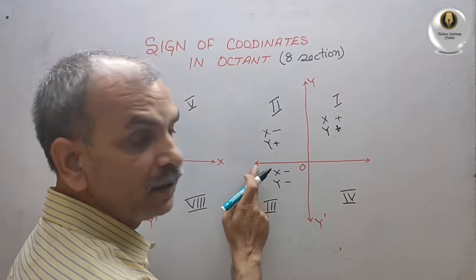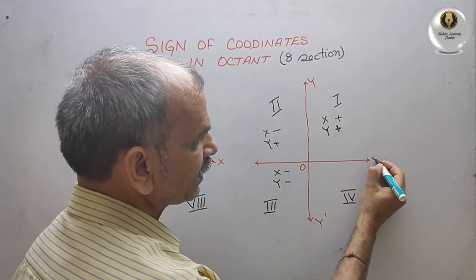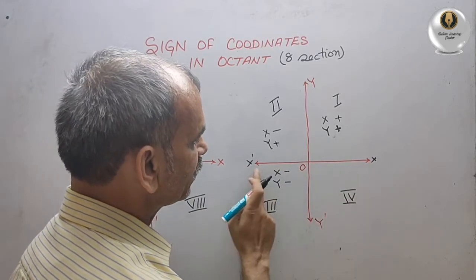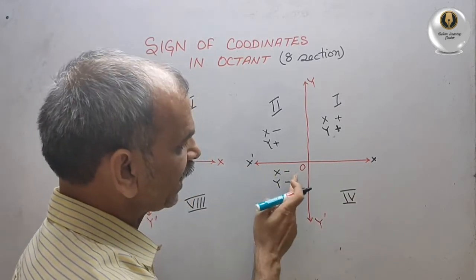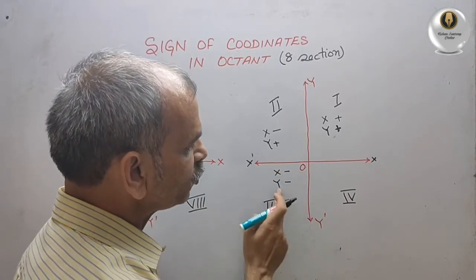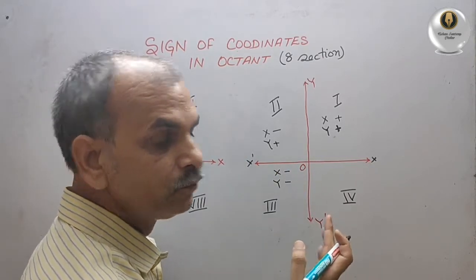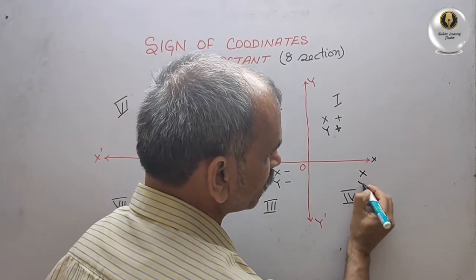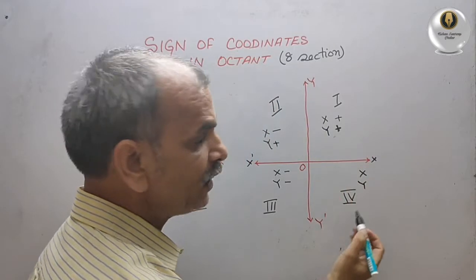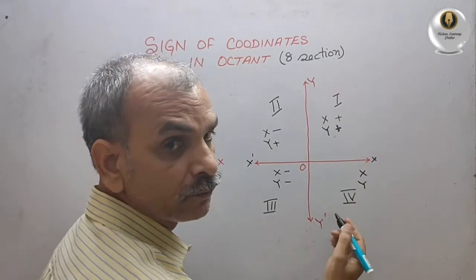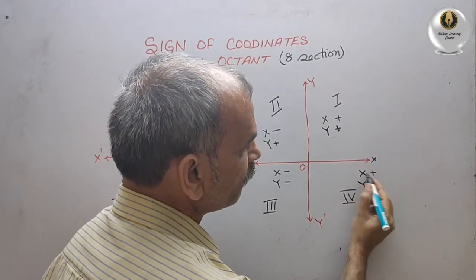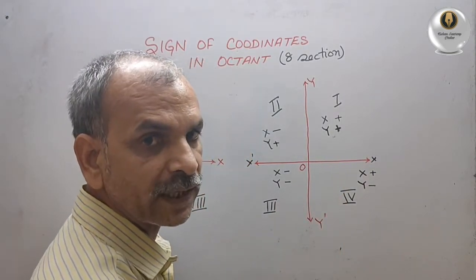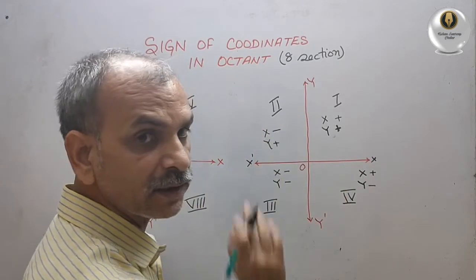This is your x, this is your x dash, so x dash means x is negative, and this is y dash, so y is negative. But in the fourth quadrant, x is positive and y is negative.